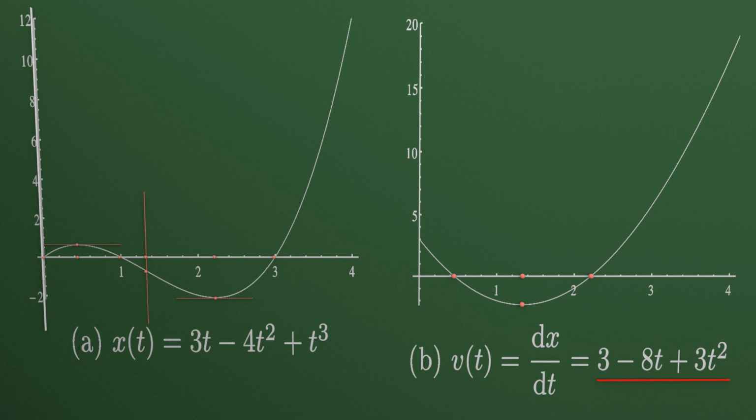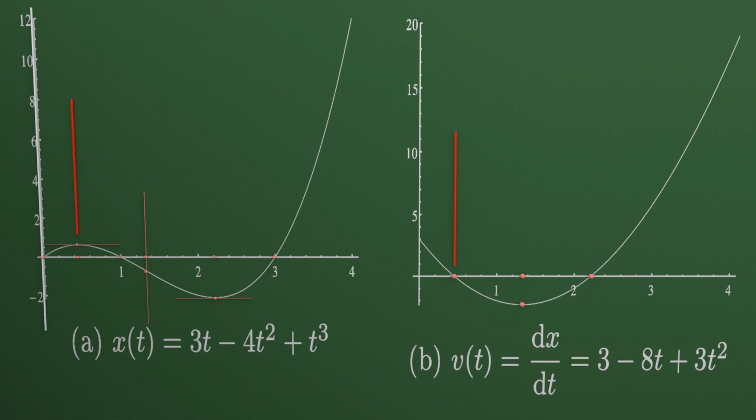Okay, now pay attention to this point here. At this moment, it is obvious that our function is at a local maximum. Or we can say that in the observed interval, the particle is located at the farthest point.